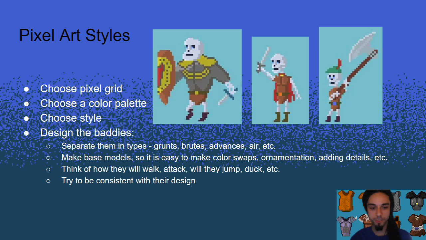And of course, try to be consistent with their designs. One of the things that I've seen with novice games and game concepts is that people tend to mix and match designs, mix and match pixel sizes.